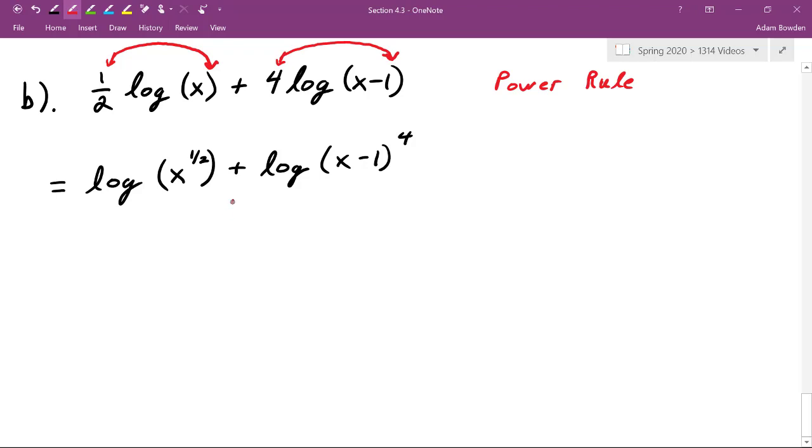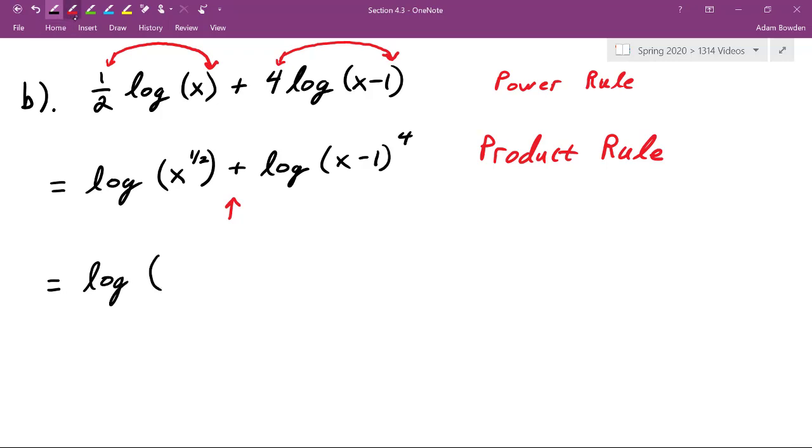Now the next thing to notice is these two are being added together. When two logs are added together, that had to deal with the product rule. So to join these logarithms back, we can change it into log and bring together the two things, the x to the 1/2 and this x minus 1 to the 4th, and they'll go side by side, multiplied together inside of one logarithm.